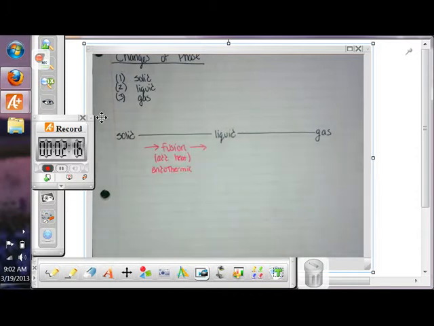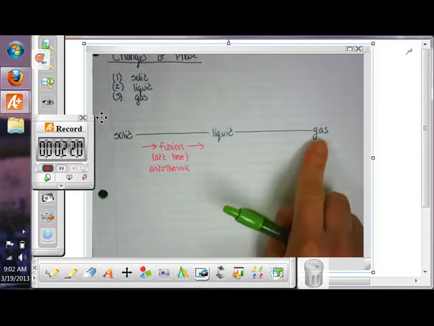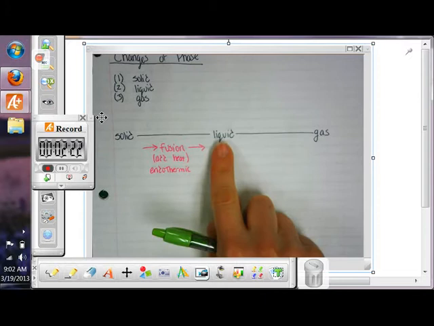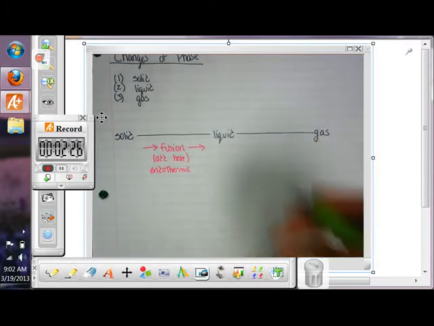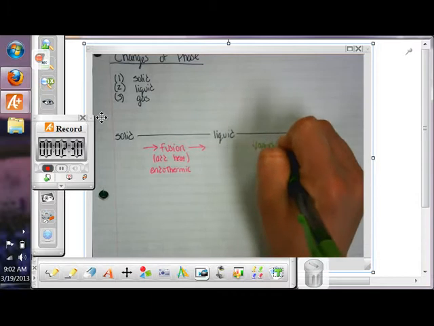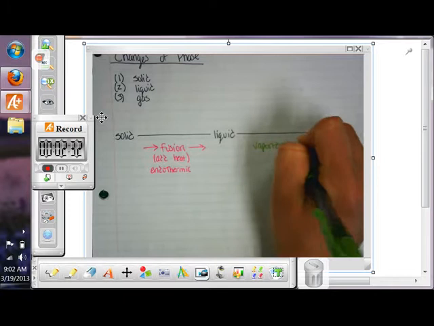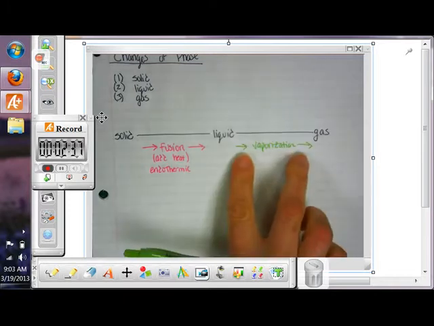Now to go from a liquid to a gas, so you're taking, for example, liquid water and you're turning it into water vapor, that is called vaporization. And I'm using my arrows to indicate that I'm going from a liquid to a gas.